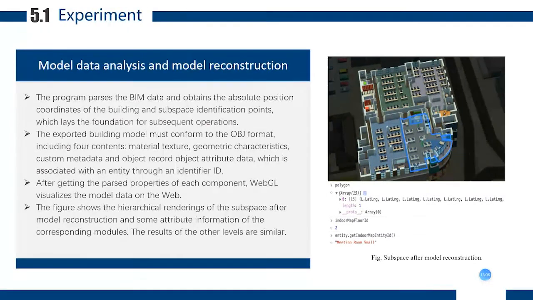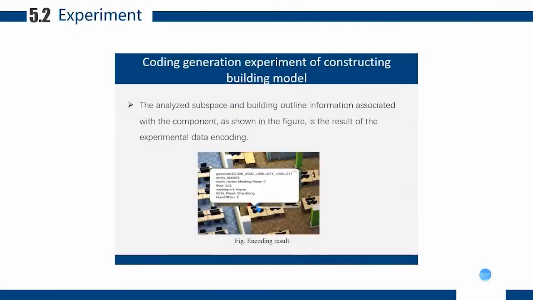The experimental results, as shown in the figure: enter the subspace and choose an entity to pop up the properties of the component itself and the multi-source properties of the associated subspace. Point query. Take the point query in the subspace as an example. The user selects the query point. The default query radius is 10 meters, and the query result is shown in the first figure.